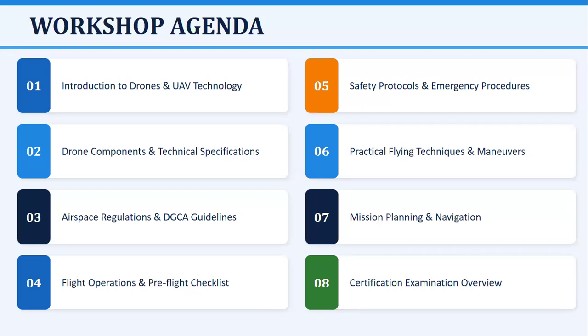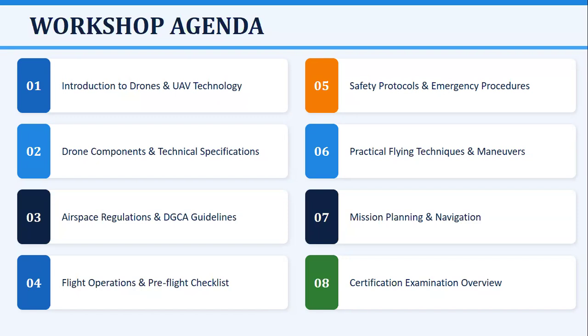In today's training program, we will cover the following 8 important modules. First, we will start with the basic introduction to drones and unmanned aerial vehicle technology, followed by drone components and technical specifications. Next, we will discuss airspace regulations and the Directorate General of Civil Aviation guidelines, flight operations, and pre-flight procedures.